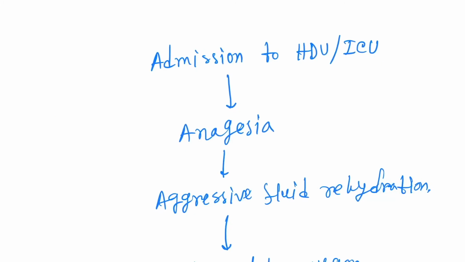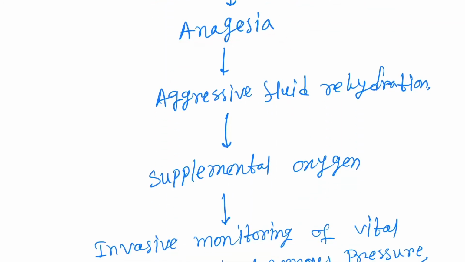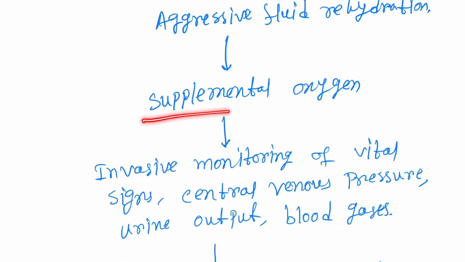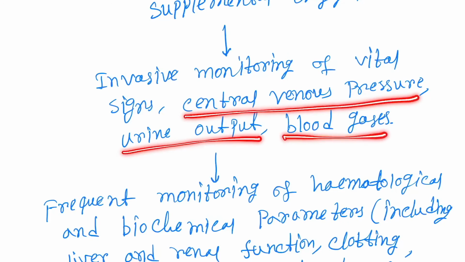So let's revise another time. First is admission to the high dependency unit or the intensive care unit. Next is provide analgesia, next aggressive fluid rehydration, next supplemental oxygen, next invasive monitoring of vital signs, central venous pressure, urine output and blood gases.